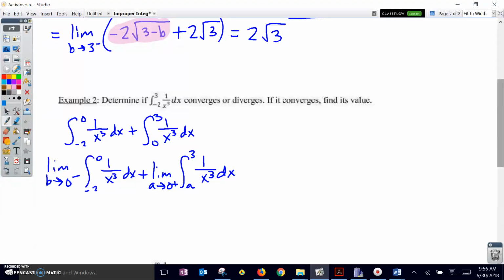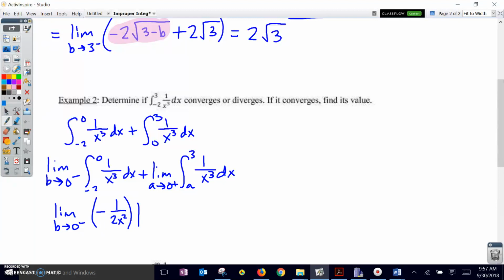And now I just need to go ahead and find the antiderivative of this function. And the antiderivative of x to the negative 3 is going to be negative 1/2 x to the negative 2, or negative 1 over 2x squared.